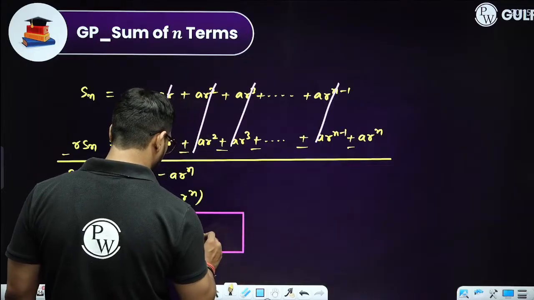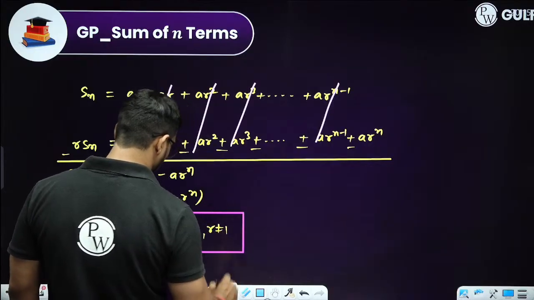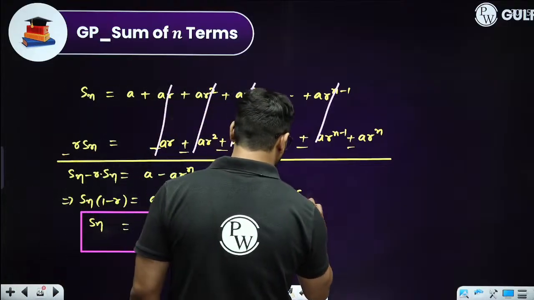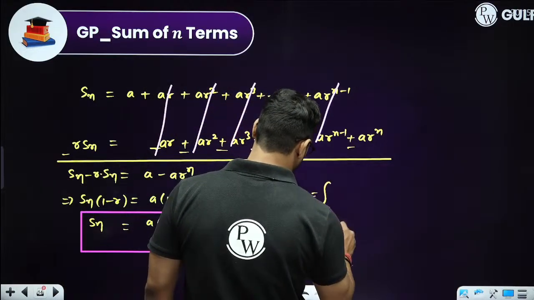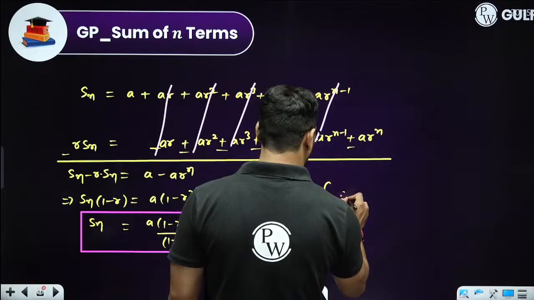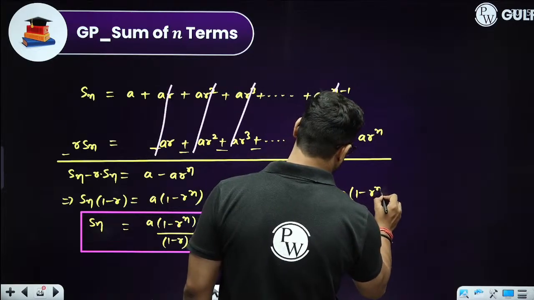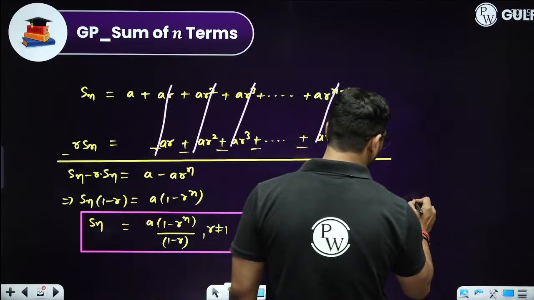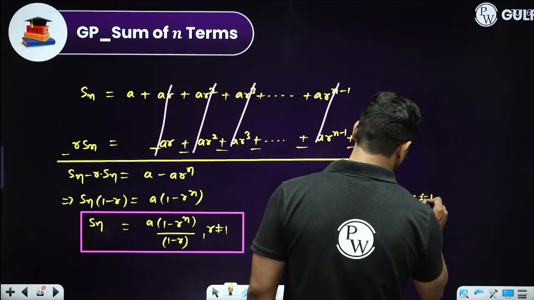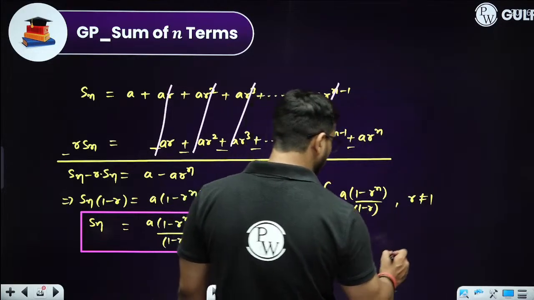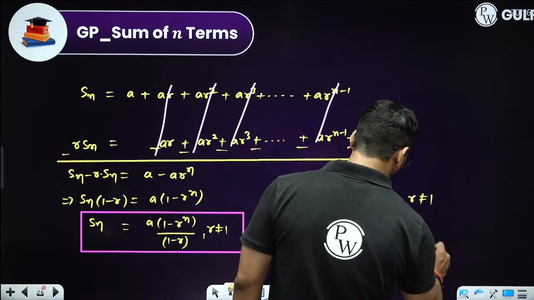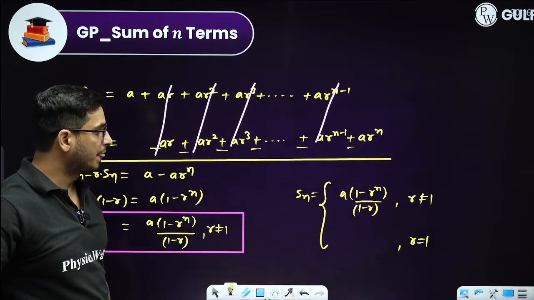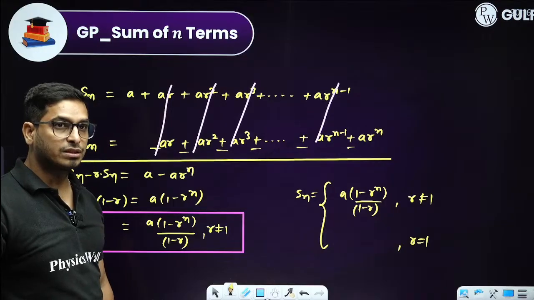R cannot be equals to 1. So if we have Sn, then it is A into 1 minus R to the power n divided by 1 minus R, where R should not be equals to 1. What if R will be 1? Then what will happen? What would be the sum?